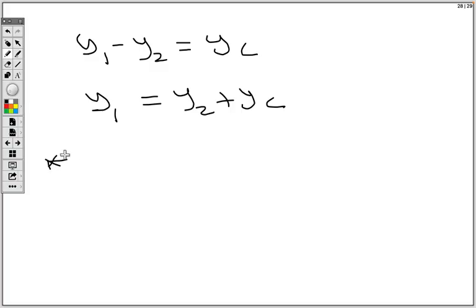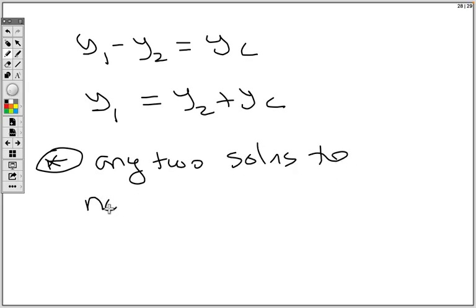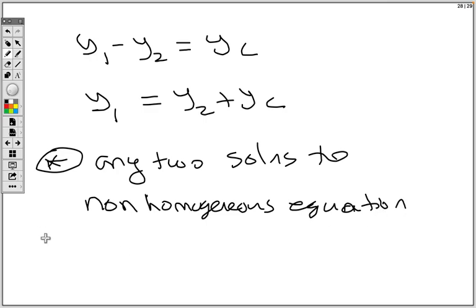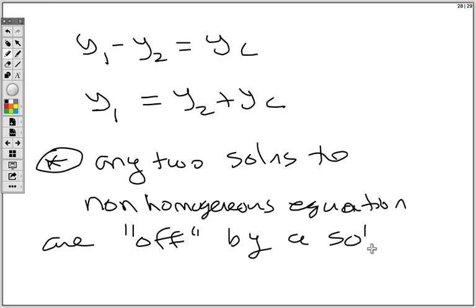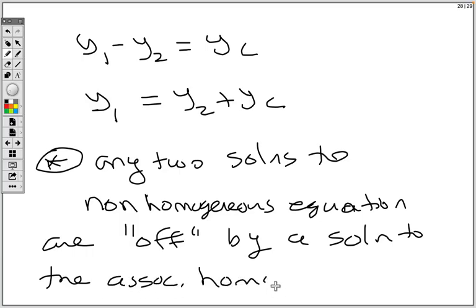And what this really says is any two solutions to the non-homogeneous equation are off by a solution to the associated homogeneous equation.